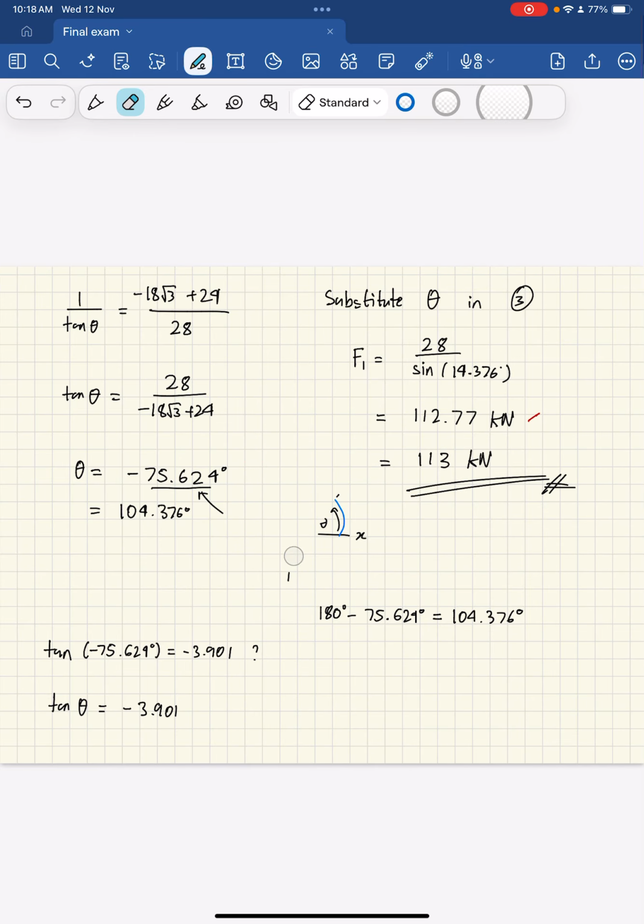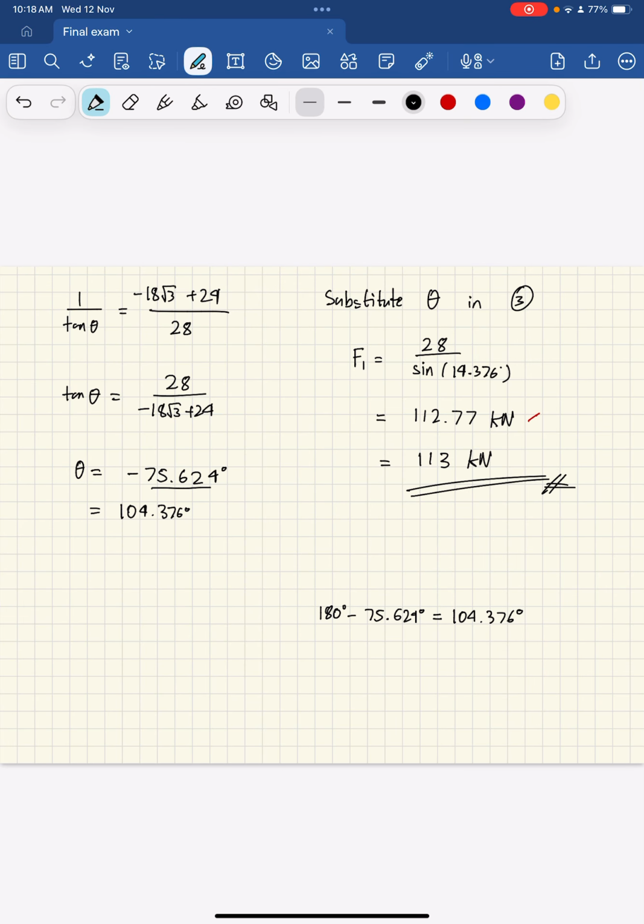Okay, let me draw a clearer diagram because it'll be easier that way. So this is our x, that's our y.